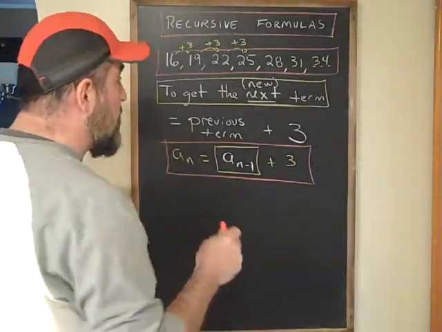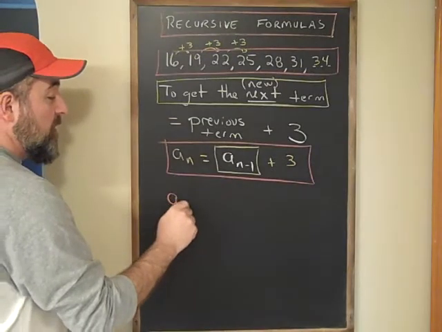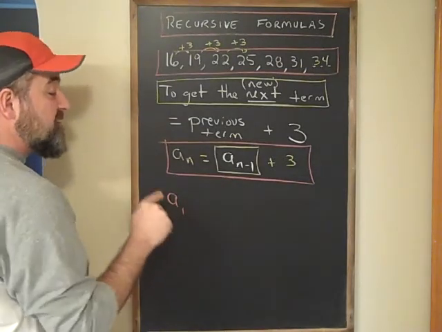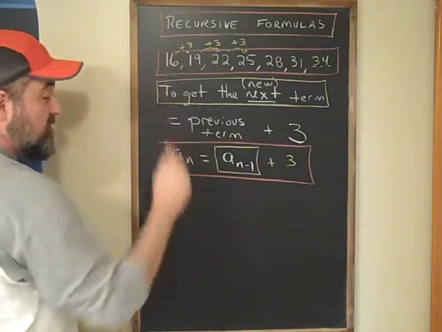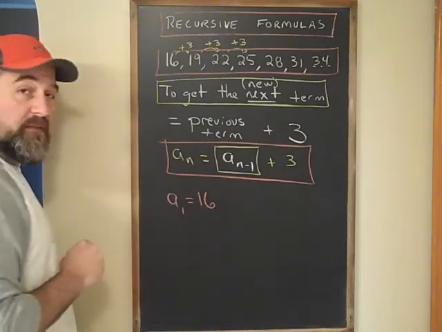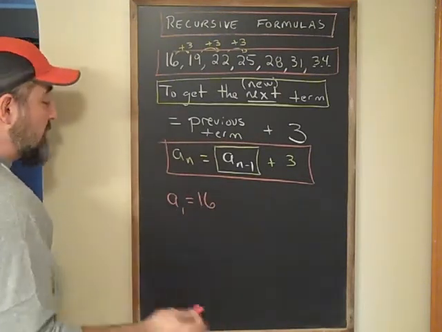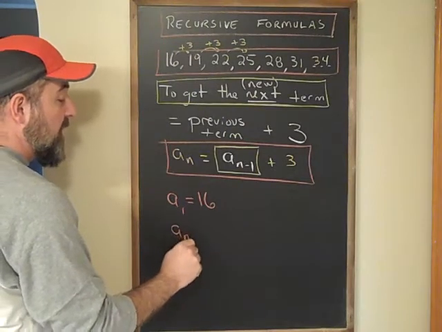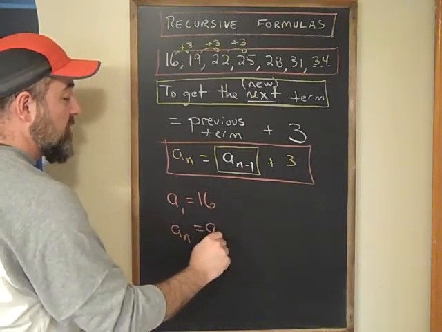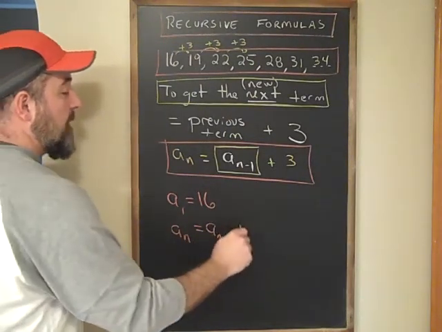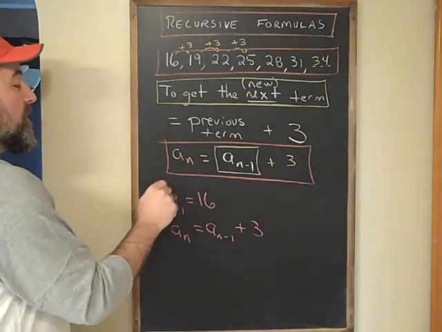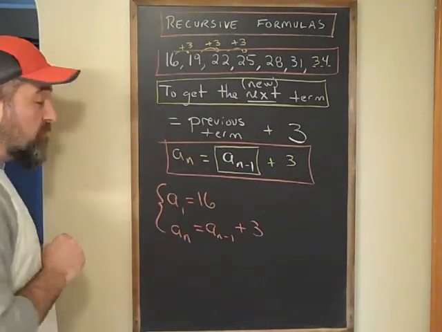So a recursive formula looks like this. A sub 1, that says the first term for this one is 16. And then the rest of it is, you say, any term is the term before it plus 3. Very often you'll see it written with a little brace.